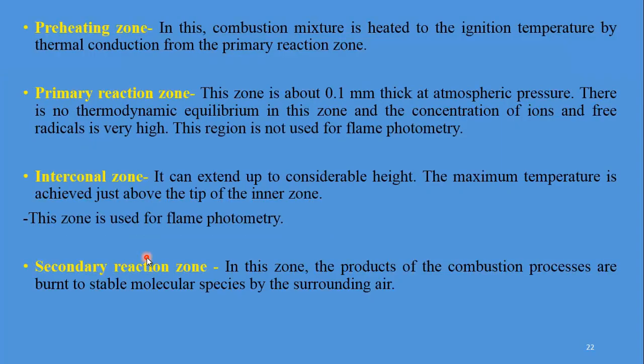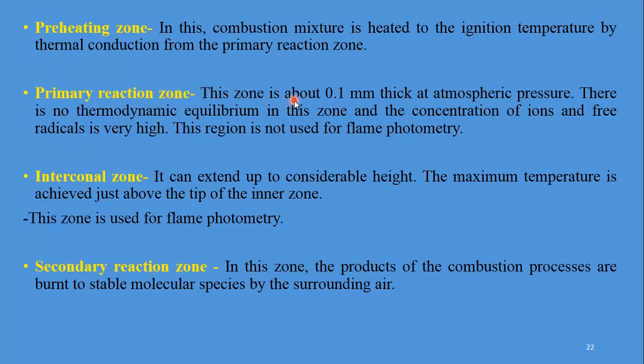One by one I will explain. Preheating zone. In this, the combustion mixture is heated to the ignition temperature by thermal conduction from the primary reaction zone. It will mostly remove the solvent.